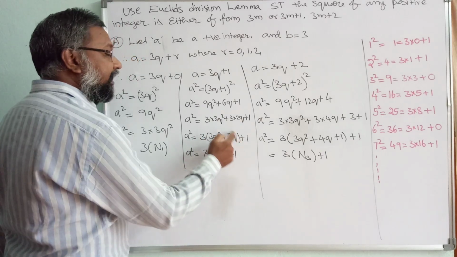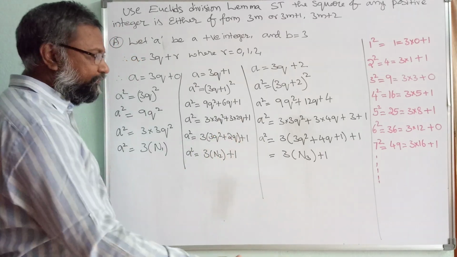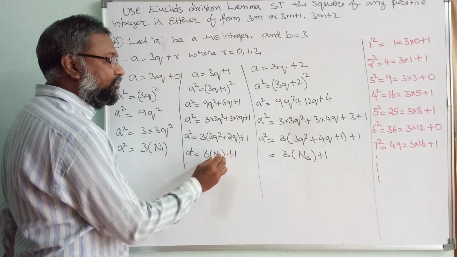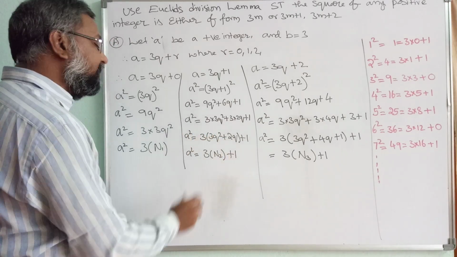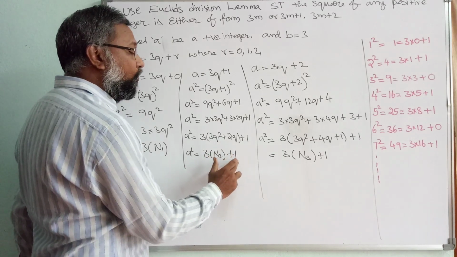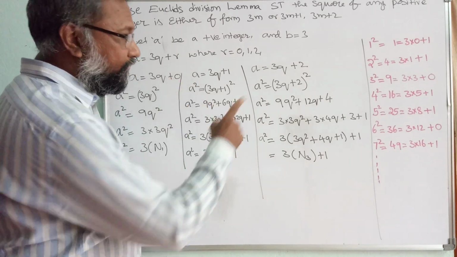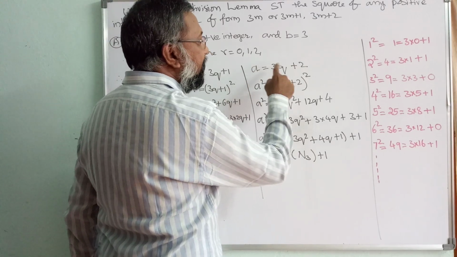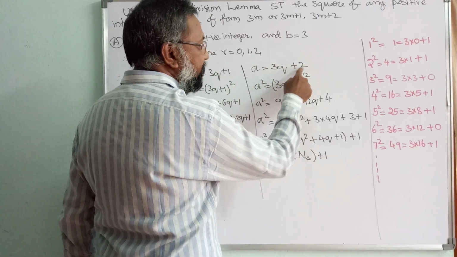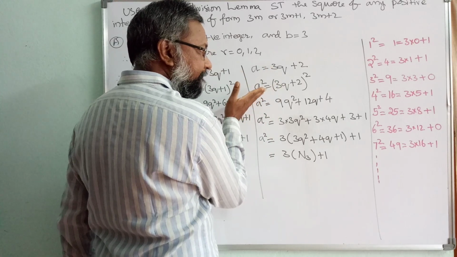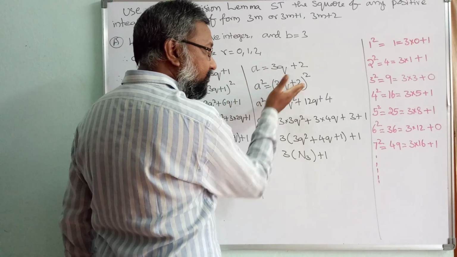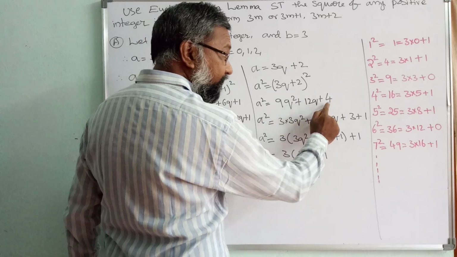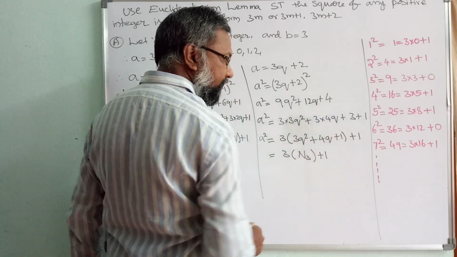This is connected to some other number. If you square it, multiply with 3, and add this term, you will get another number, but the form is 3n plus 1. Again, take a equal to 3q plus 2, square on both sides, apply the a plus b whole square formula, and take the 3 common. 4 can be written as 3 plus 1.